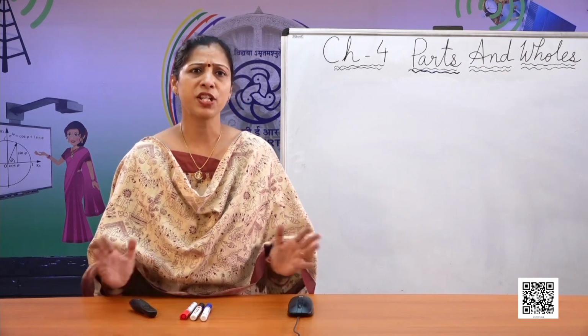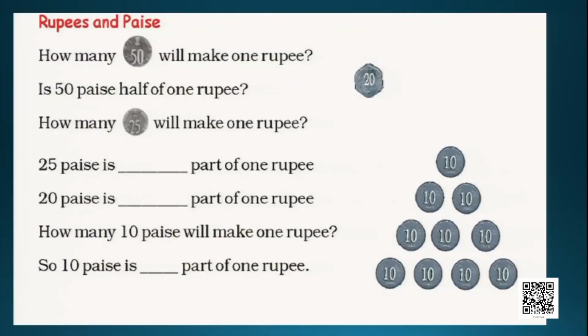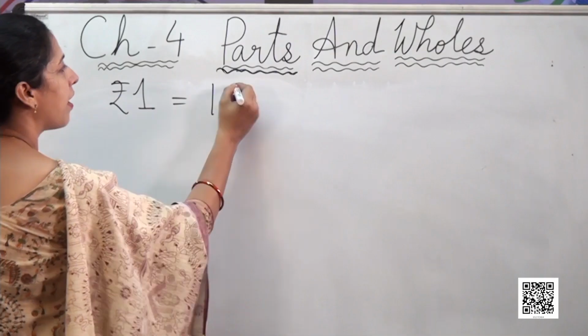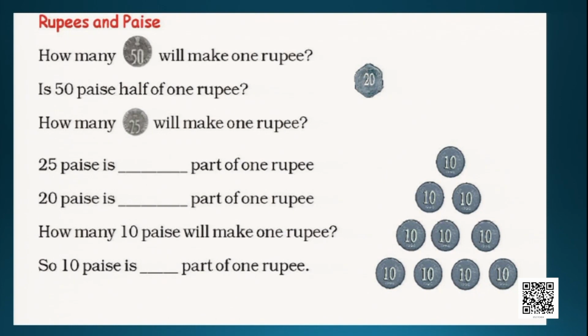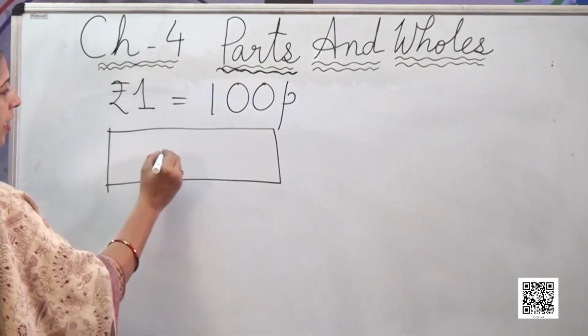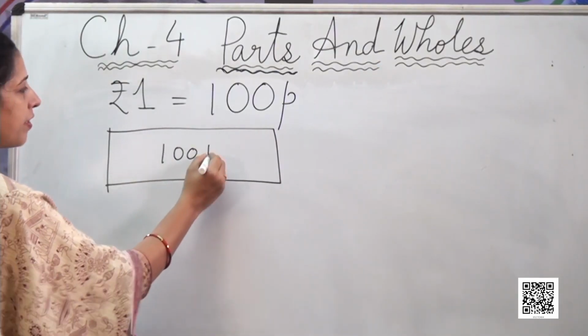So, the question is how many 50 paise will make 1 rupee? Now, for that, children, let's find out. Now, we know that 1 rupee is equal to 100 paise. 100 P means paise. So, we have to find out how many 50 paise will make 1 rupee. I'll show it in a figure so that it will be easier for you to understand. This is 100 paise.